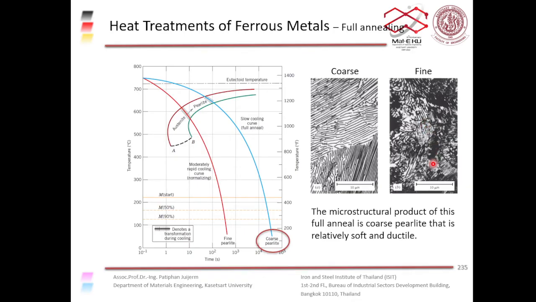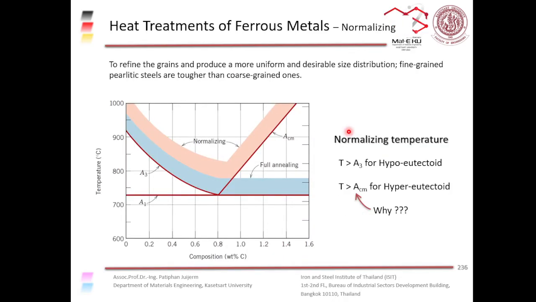So it looks darker, it looks harder, right? So the fine pearlite is harder than coarse pearlite. That's sort of like a trailer of the normalizing process, right?